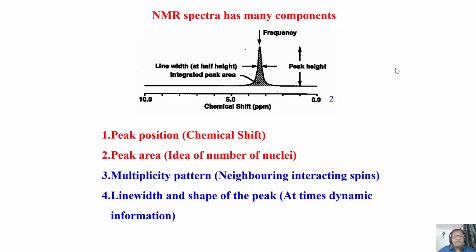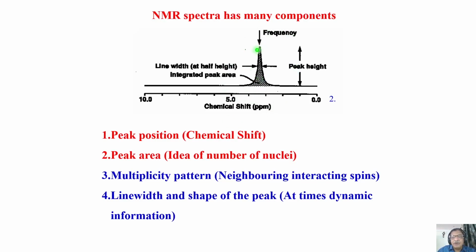Before that, let me tell you, the NMR spectrum has many components. If you look at the NMR spectrum like this, which I showed how to get, the resonance in a couple of lectures before, look at this one. This is the shape of a peak. There is several information contained in this.